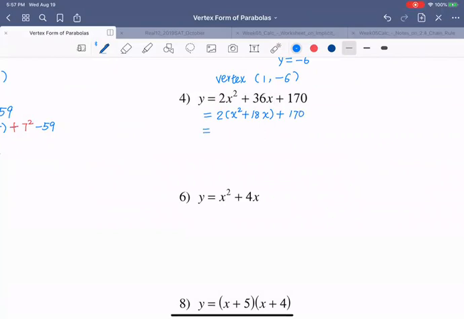And then it's x squared plus 2 x times 9, plus 9 squared minus 9 squared plus 170.